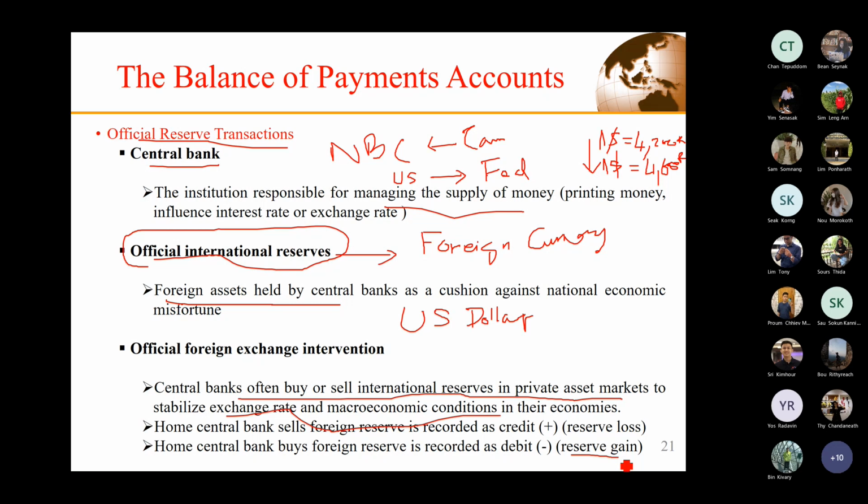That is the counter account. One goes to the debit, one goes to the credit, and that may respond to the question of Udom.